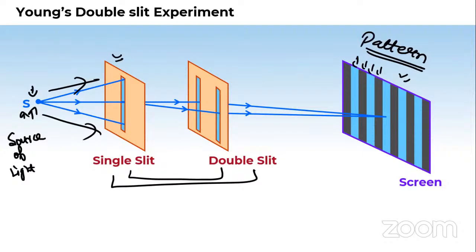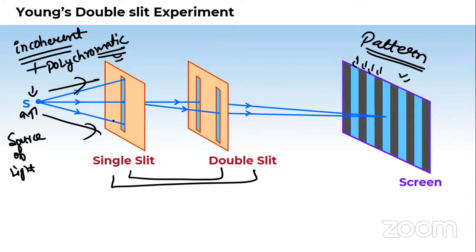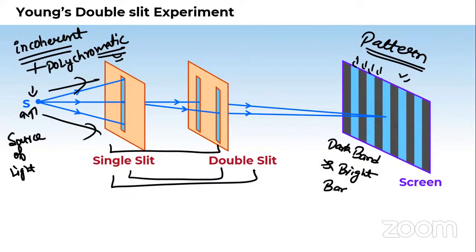If you see this first source, maybe the light rays which are coming from it are incoherent or polychromatic. And when the light rays pass through both of the slits and overlap on the screen, this will give you dark and bright bands.